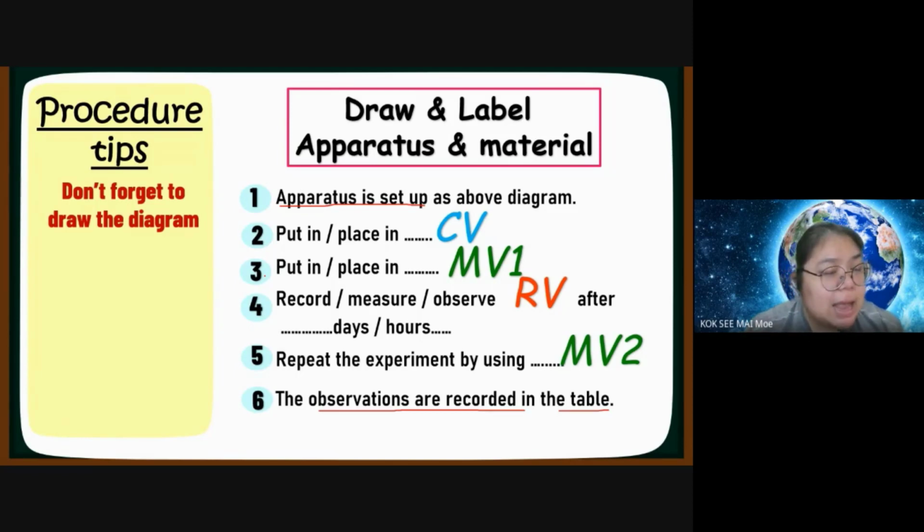Then you put 10 ml distilled water. So although you never wrote number 2 and number 3, the diagram has it. But number 4 you need to write lah, because the diagram doesn't have number 4. Okay, you must say you observe, record after how many days. This one is important. Okay, you must mention.